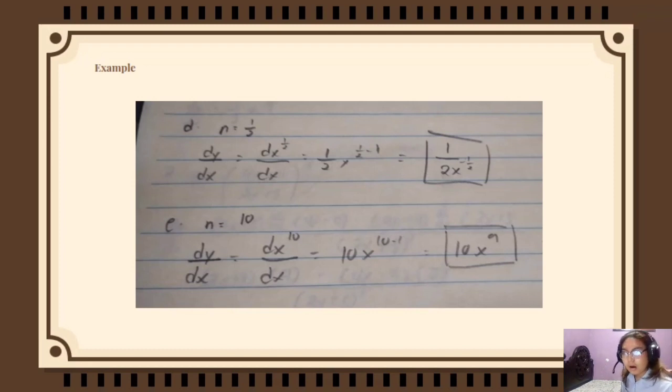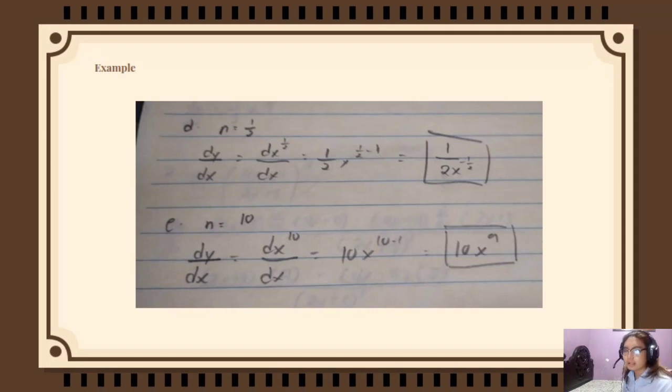That is negative 1/2. So now we have negative 1/2, and let's simplify it: 1 over 2 times x raised to negative 1/2. Then example number 5.